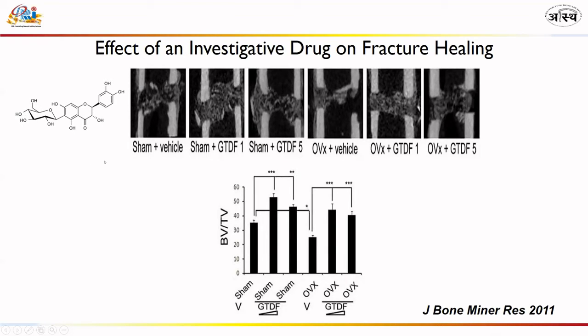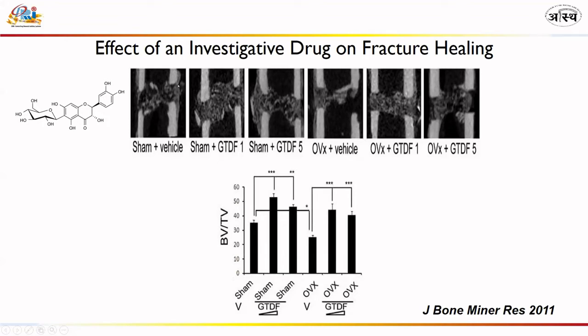In this case, a rat femur osteotomy model was developed. A 0.8 millimeter drill hole is made through the diaphysis, and the treatment starts the next day and is given for 12 to 14 days.